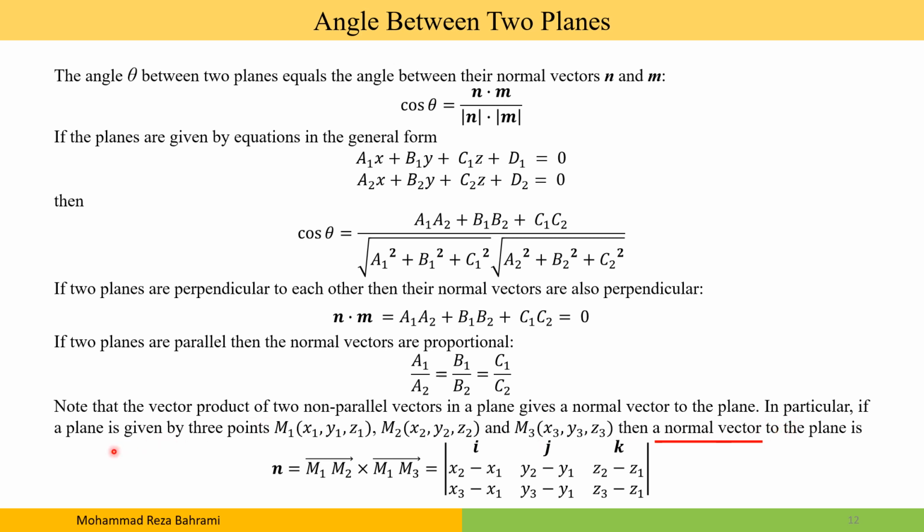In particular, if a plane is given by 3 points, M1, M2, and M3, then a normal vector to the plane is the product of these two vectors. So we can use this determinant to calculate the normal vector of a plane, by having 3 points on that plane.